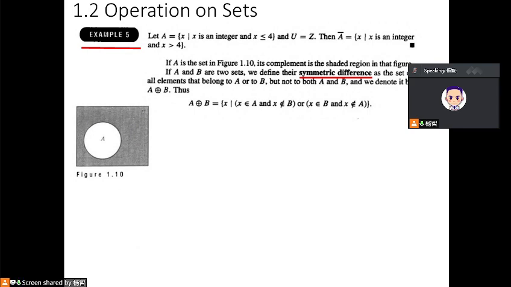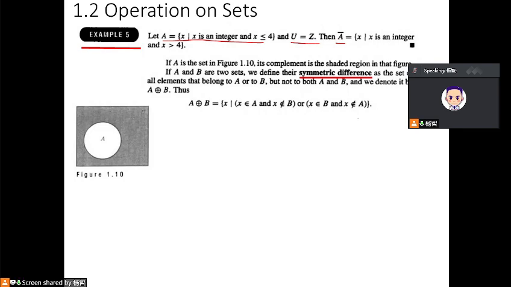Let's see another operation on sets. Look at example 5. Let A be a set like this, and U is equal to the integers. What does the complement of A mean?